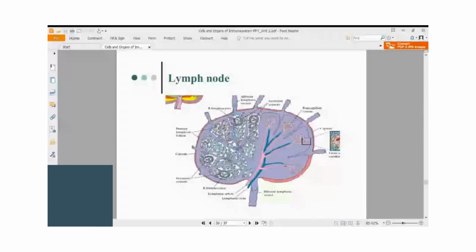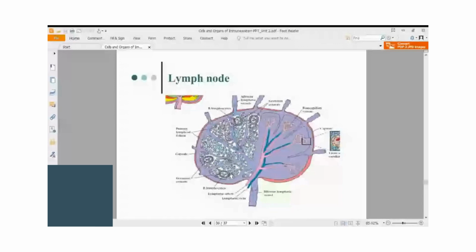Now look here, the primary lymphoid follicle has been shown with a light area which is not yet committed to the antigen, whereas the germinal centers that are shown in the label have in the center the antigen presenting cells surrounded by the B and T lymphocytes, and the germinal centers are also called secondary lymphoid follicles.